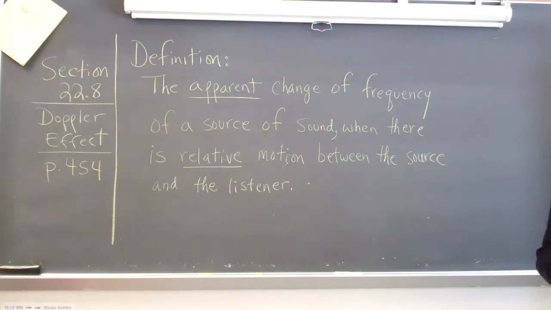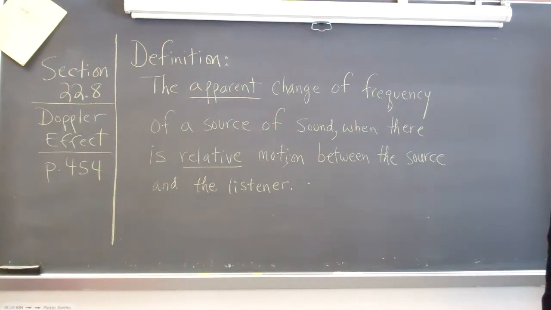As the train approaches the station, the person standing on the platform hears what seems to be a high frequency whistle, and then after the train passes and is moving away from the station, the whistle frequency sounds lower. So it goes from a higher pitch to a lower pitch. And that happens because the train is approaching and then moving away from the listener.